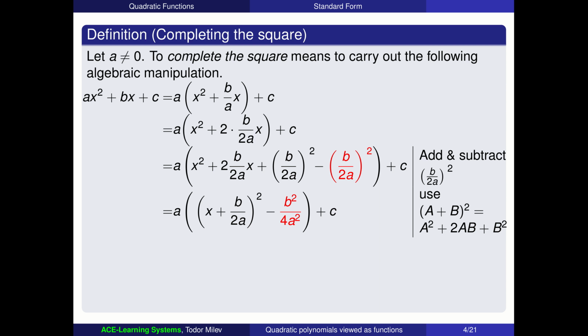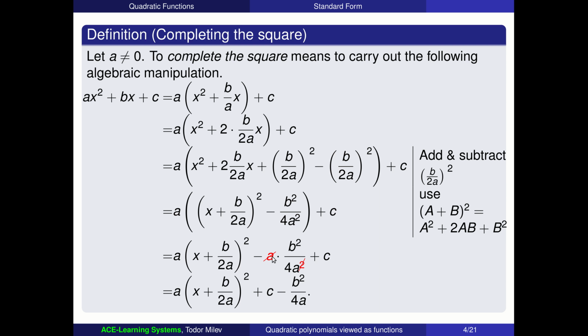Okay, and just as in the preceding example, this is the bulk of the work when completing the square, but this expression can be transformed a little bit more by distributing the coefficient a out of this parenthesis. So we distribute the coefficient a to the two terms, and of course we notice that the letter a here is present both in the numerator and in the denominator of this fraction, so we can cancel.